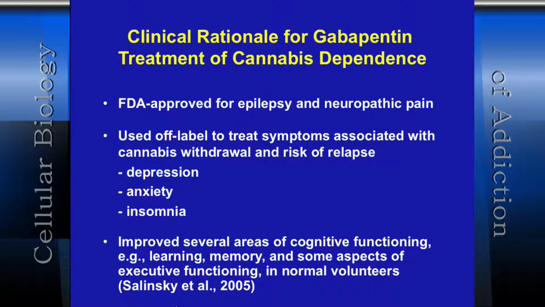And what this neuropsychologist in my lab, who's very detail-oriented, did was go into the online supplemental material for the article where they actually had the tables of data and found that certain aspects of cognitive functioning were actually improved with gabapentin relative to placebo, that it actually had some beneficial effects, not just no difference. In fact, there were some improvements.